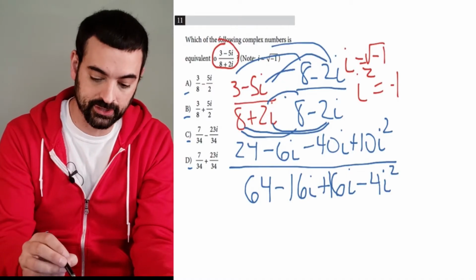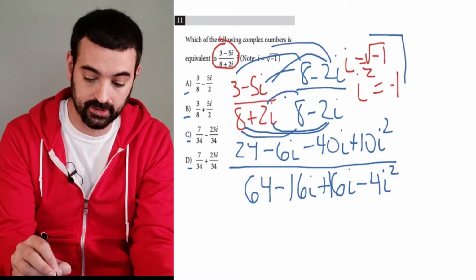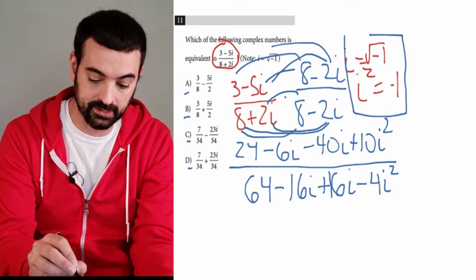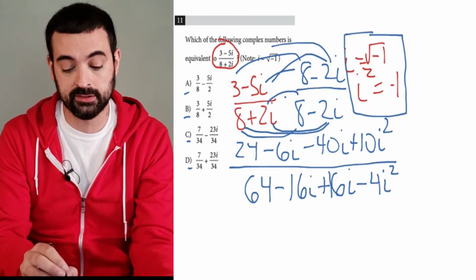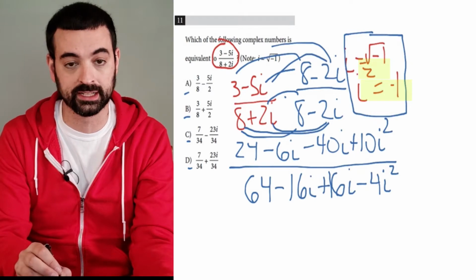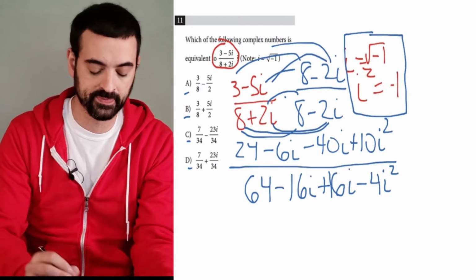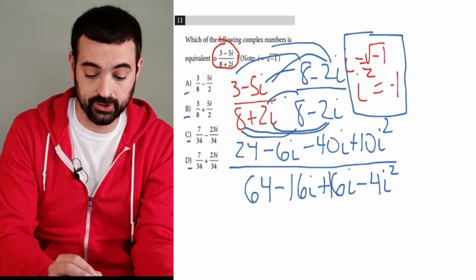So this is nice. We've foiled both the numerators and the denominators. Now we have an expression in which all we need to do is combine like terms. We also need to pay attention to this idea right here, that the letter i is the square root of negative 1. So i squared will equal negative 1. Let's combine some like terms.